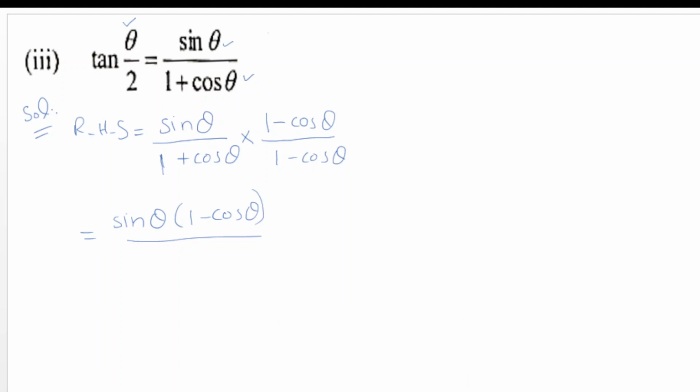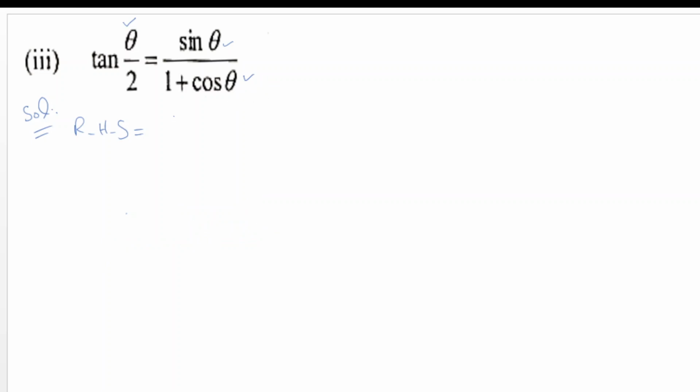On the left side there is a half angle, so we have to proceed accordingly. In sine, we know that sine 2 theta is equal to 2 sine theta cos theta.